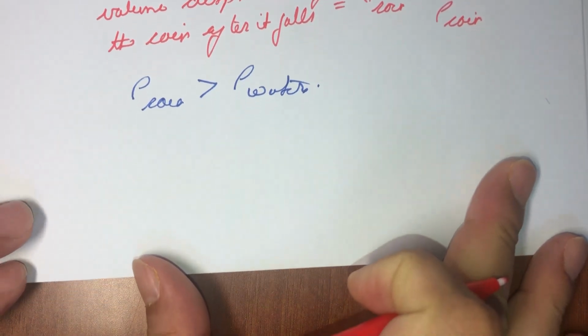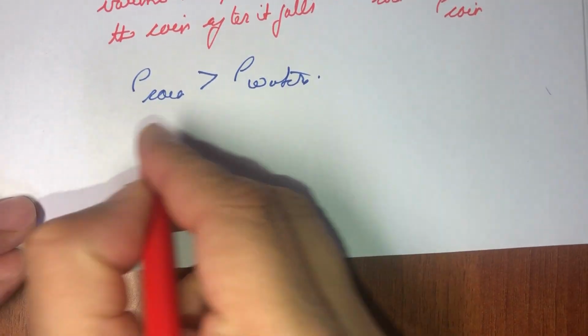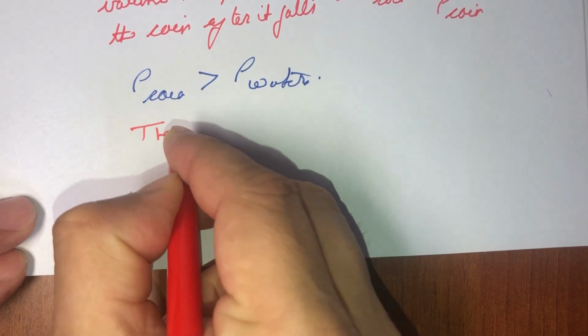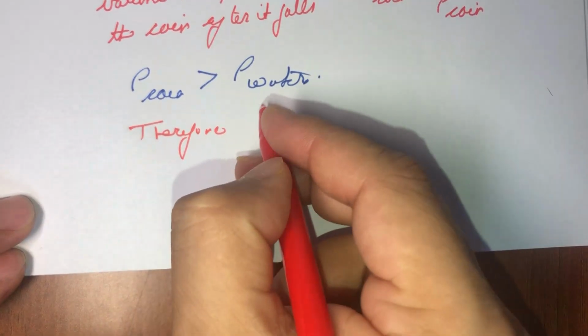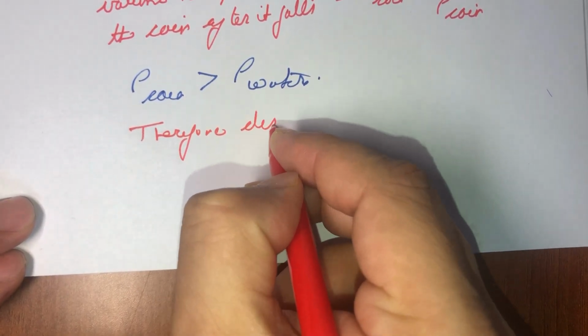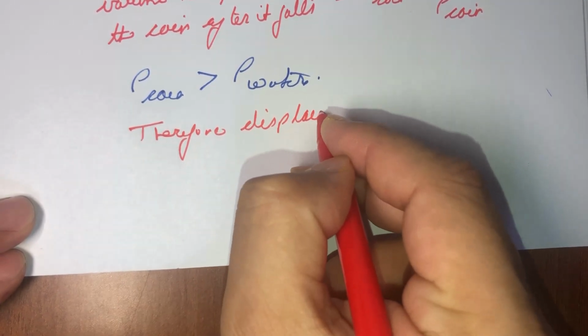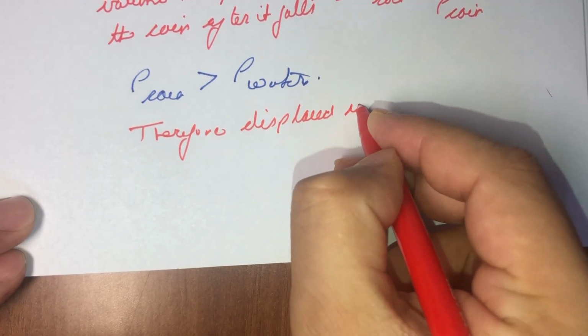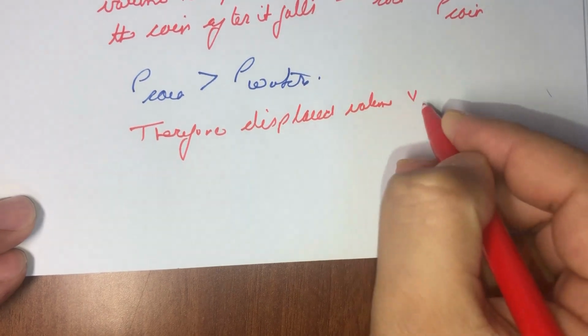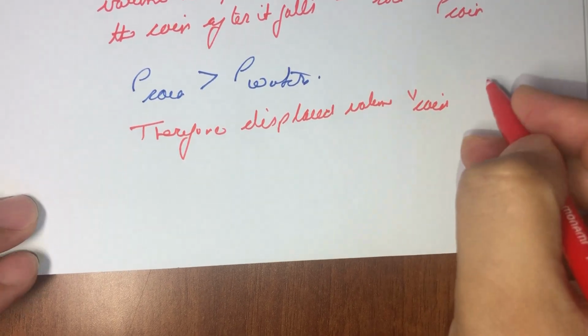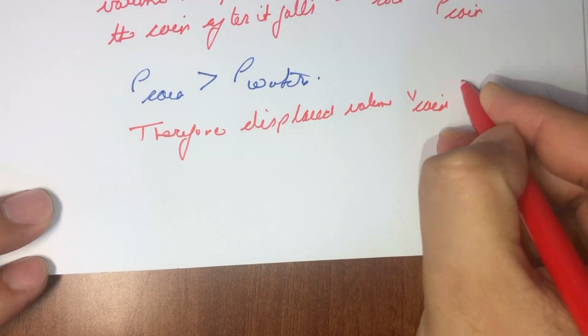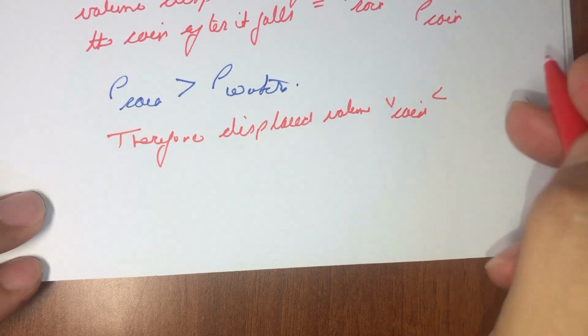Therefore, the displaced volume V coin will be less than the mass of the coin.